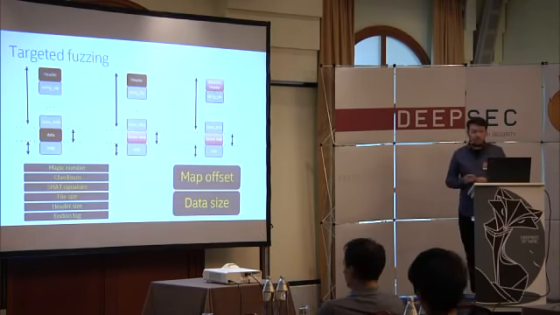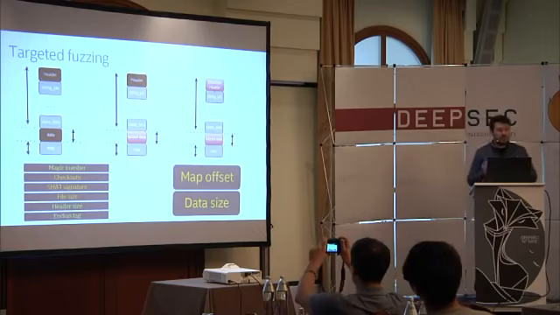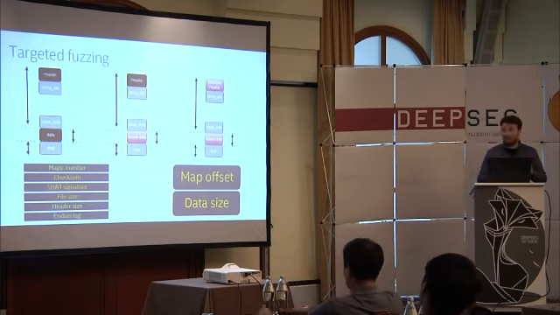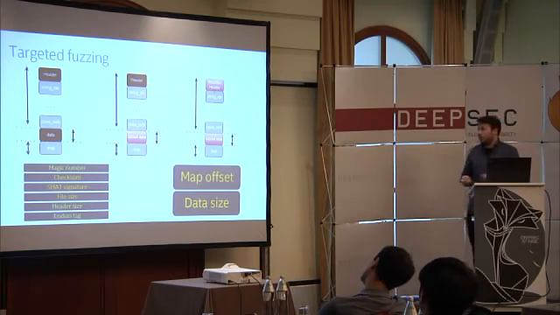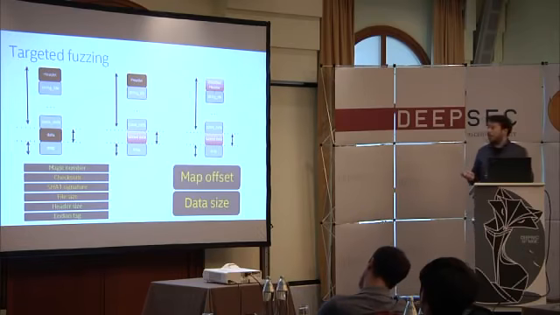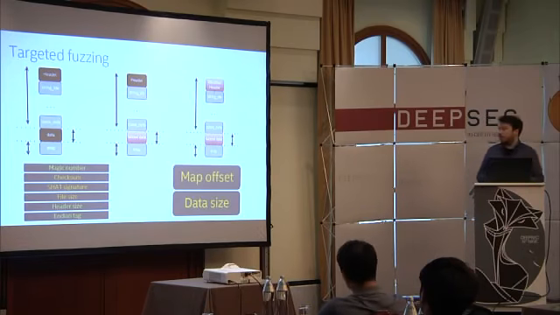The second approach: we would take the file and split it in three. The section that was of interest to us was the data section, because it contains all the strings and all the variables that were used by the Java methods. We would fuzz only this section, glue all the chunks back together, and try to fix the header.